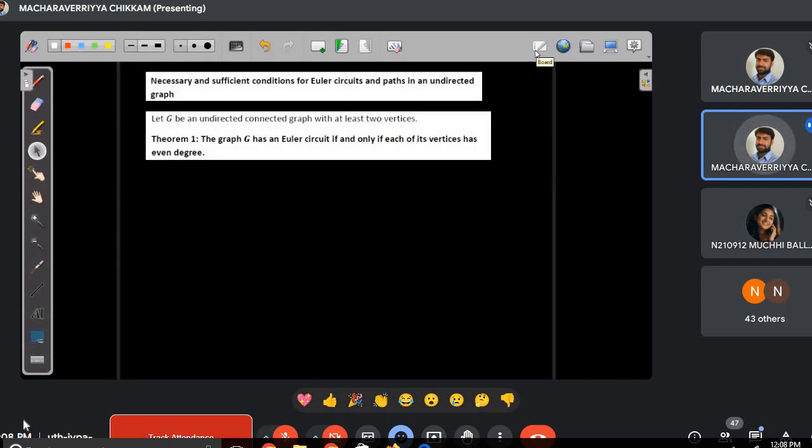Take an undirected connected graph with at least 2 vertices. Then G has an Euler circuit if and only if each of its vertices has even degree. Sorry, Euler circuit, not Euler path.